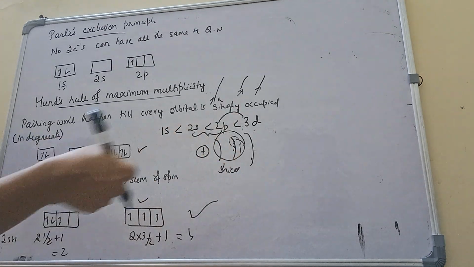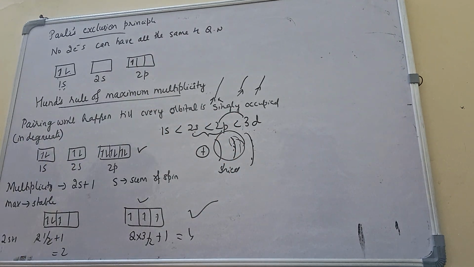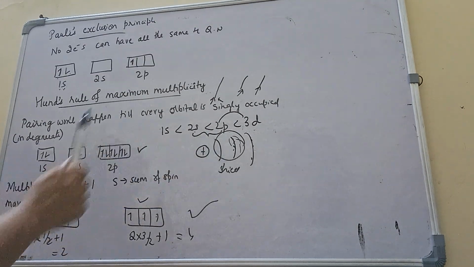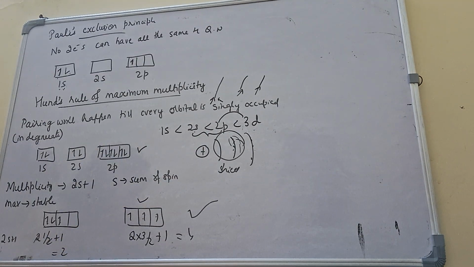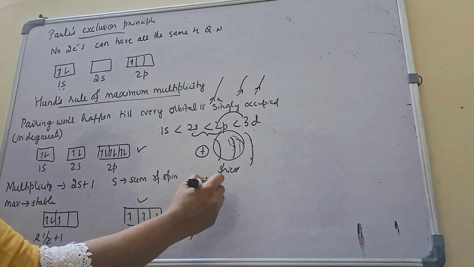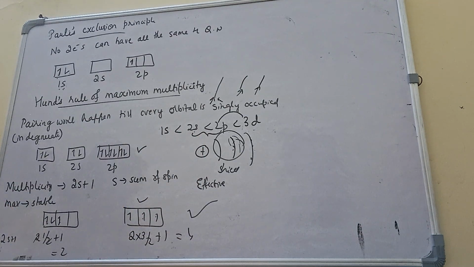It's like I'm trying to pull you, but somebody in between is interfering with my pull, because of which my strength becomes weaker. The same thing is happening here. The nucleus is not able to pull the electrons to the same extent because inner electrons are obstructing, because of which the overall charge reduces. That is what we call the effective nuclear charge. It is lesser than the actual charge because of the shielding effect.